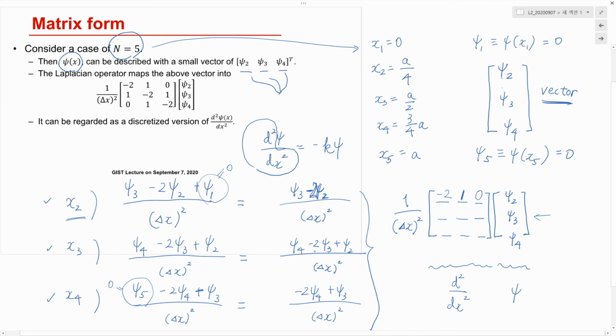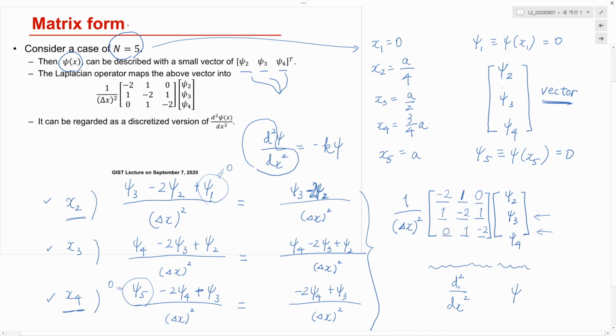You can easily do it. So psi 4 is corresponding to number 1. Minus 2 psi 3 is corresponding to minus 2. And psi 2 here is corresponding to positive 1. Finally, if we repeat it for the Laplacian operator evaluated at x4, then we will have numbers 0, 1, and minus 2.